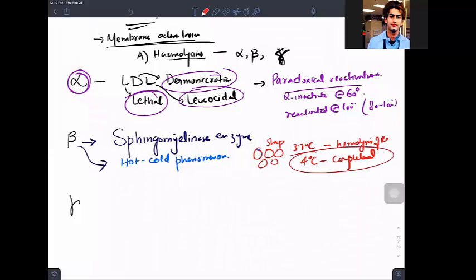You can better appreciate this at 4 degrees centigrade. If someone asks you, is Staph aureus beta hemolytic, gamma hemolytic, or alpha hemolytic? Beta hemolytic, best appreciated at dash degrees centigrade. Beautiful answer: 4 degrees.